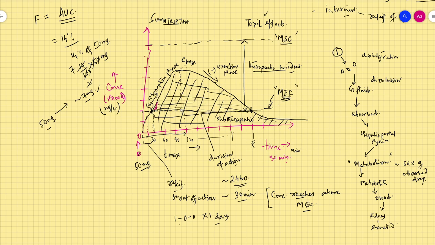So we have simplified the concentration time curve for the sake of understanding. Actually, the duration of action is about 24 hours. So that's the reason why the physician asked the patient to take just 1 tablet. Okay.